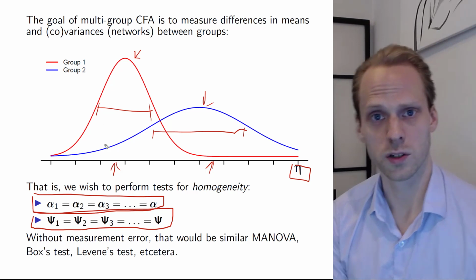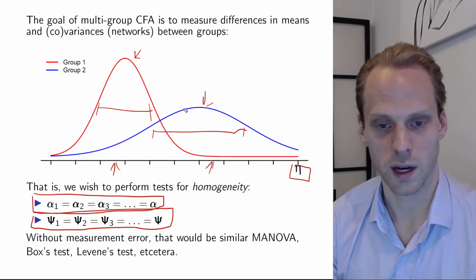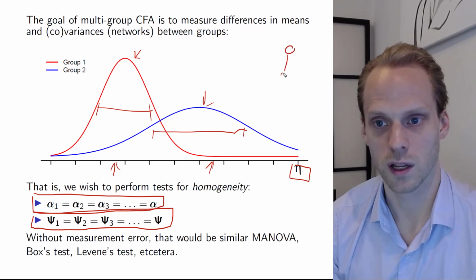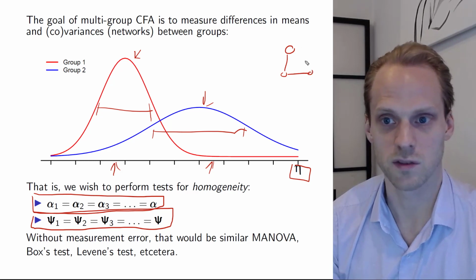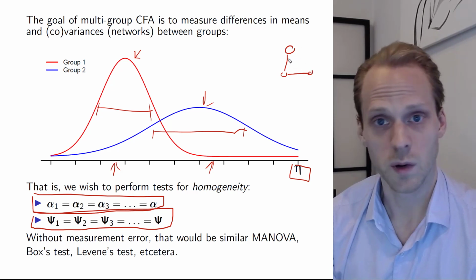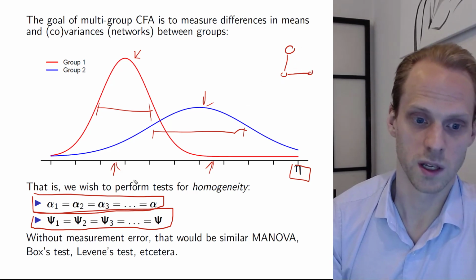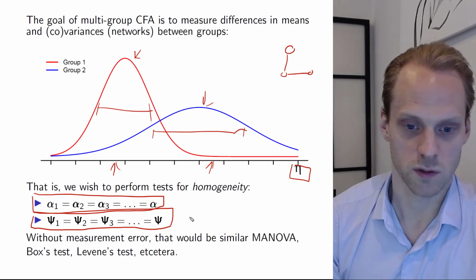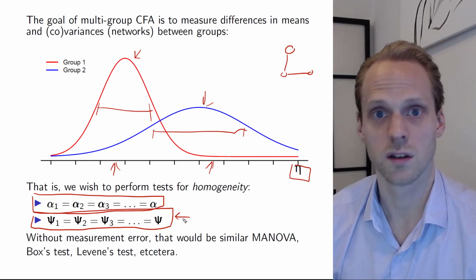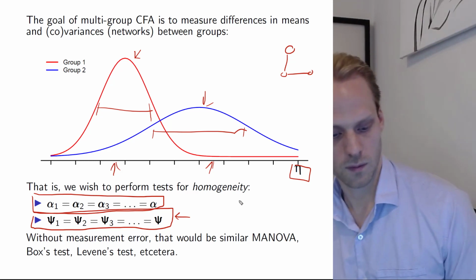Right? And one thing we can also do, I'll talk maybe a bit more about it later, is we can have a network at the latent level, for example, and then we can test if the networks are different or not. Which might be interesting as well. That would be similar to testing for homogeneity of the variance covariance structure.